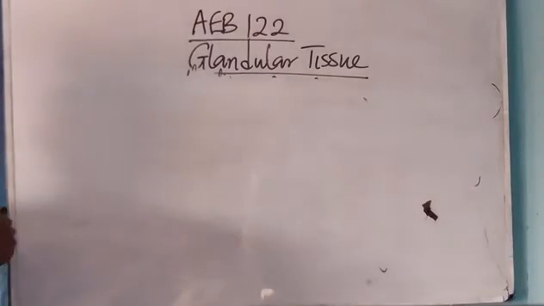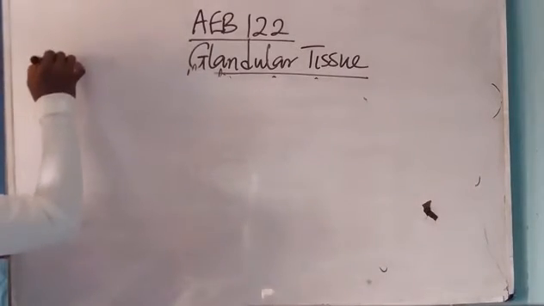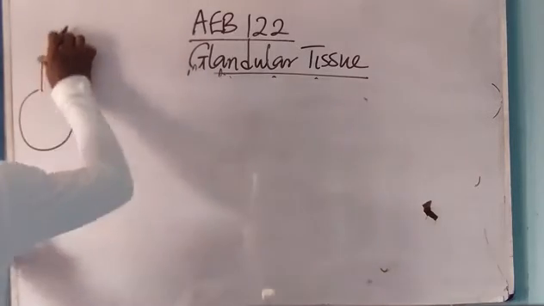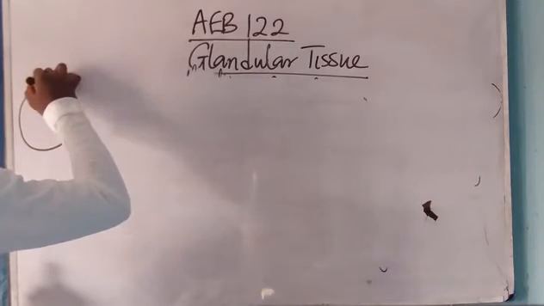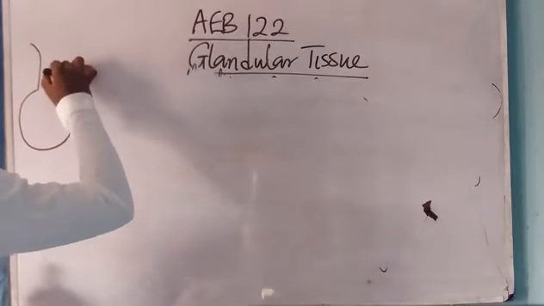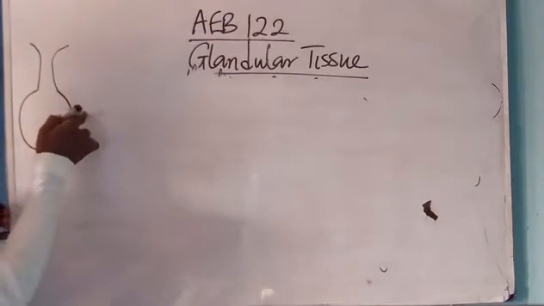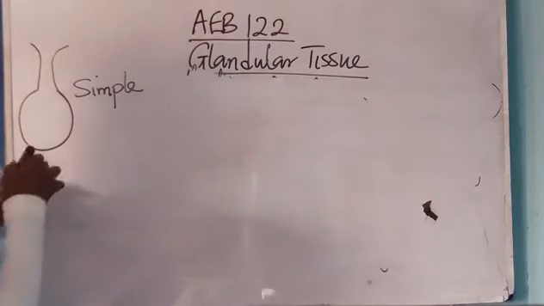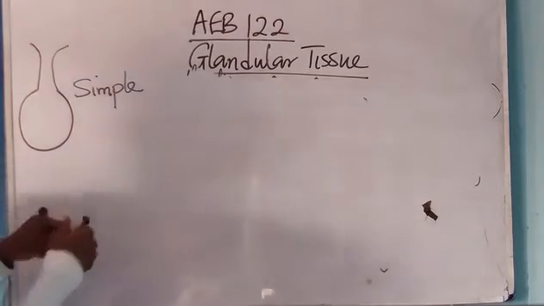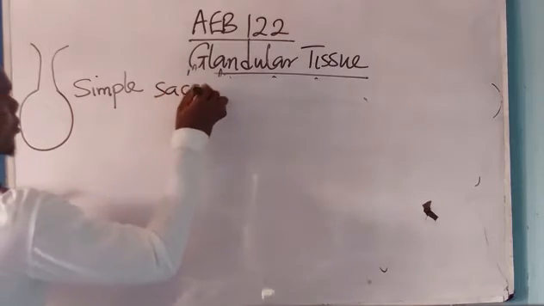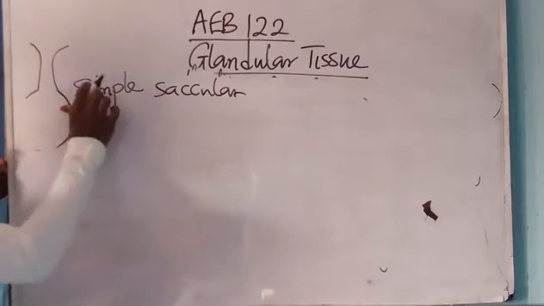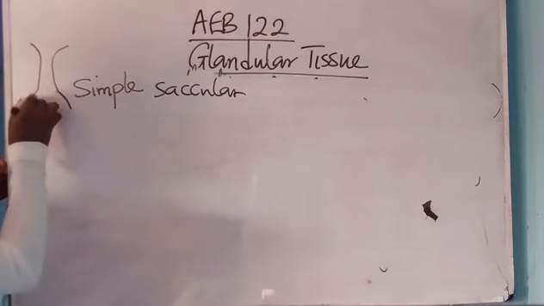If I have something like this, I have this. Now this is called simple circular. Please let me reduce it because of space.